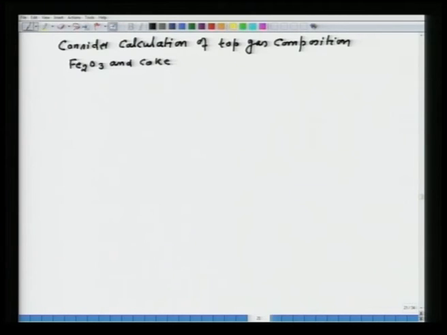Pure iron oxide and coke, nothing else. Coke amount is 475 kg per ton of iron, remember, per ton of iron, and coke contains 90% carbon.